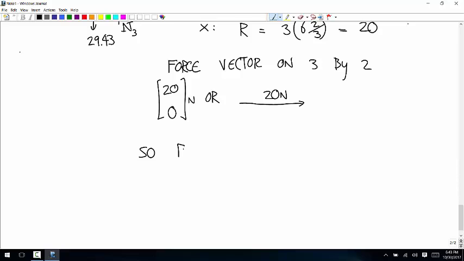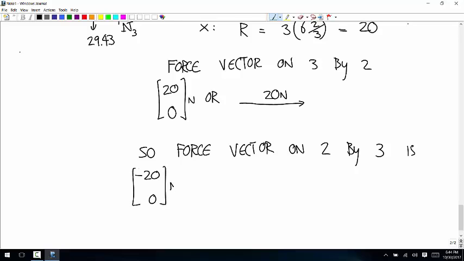And so the force vector on 2 by 3 is, first you can multiply this vector by negative 1, so negative 20, 0. Or second, it's just going to be the same magnitude of 20 newtons in the opposite direction. So you can just think of it as that direction, 20 newtons.